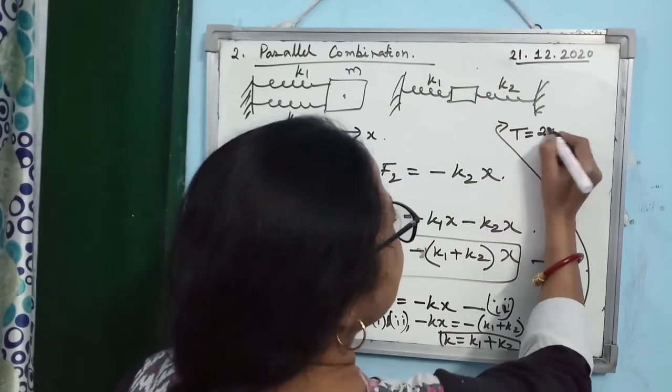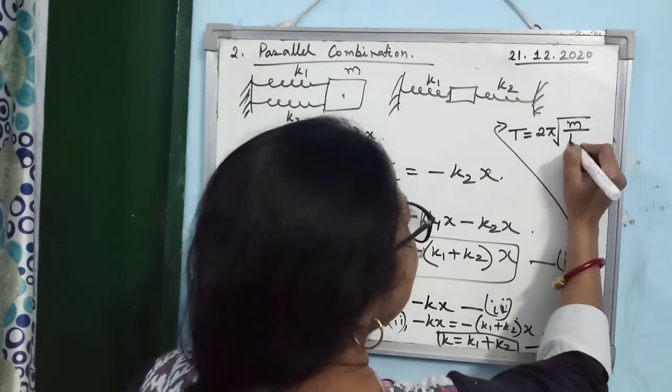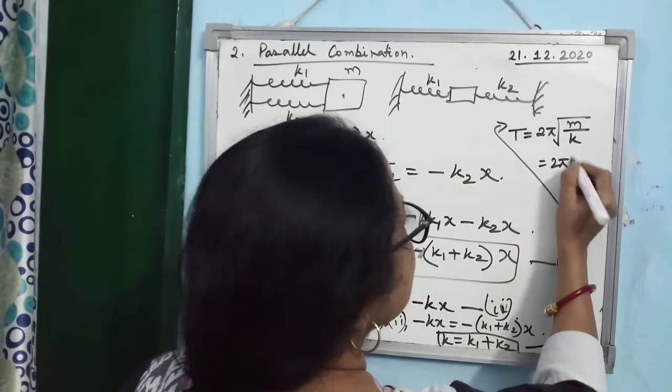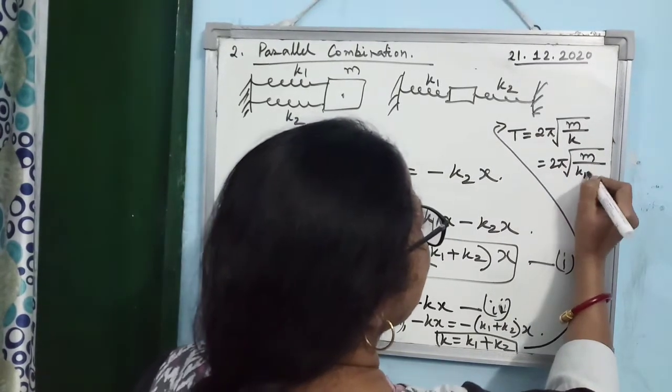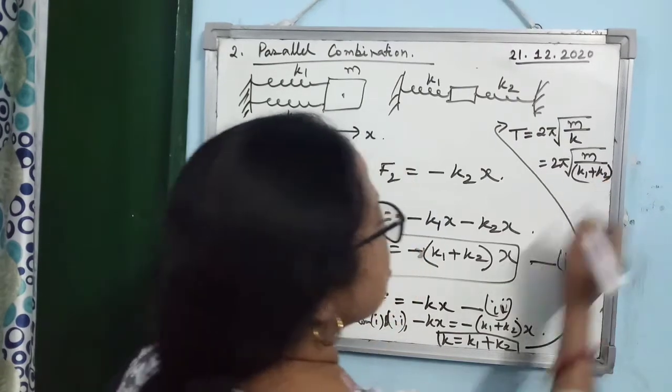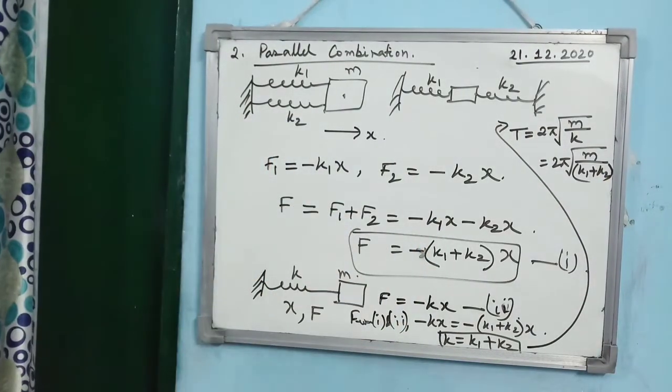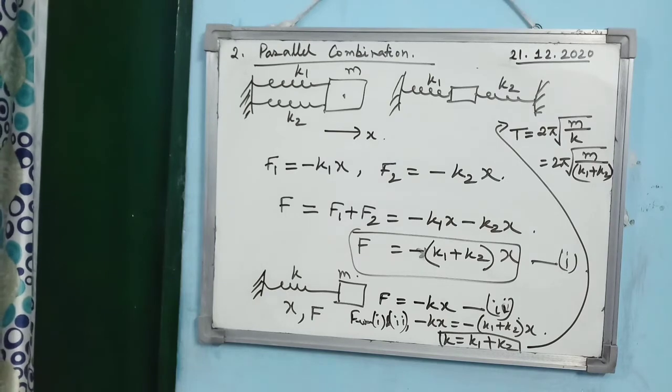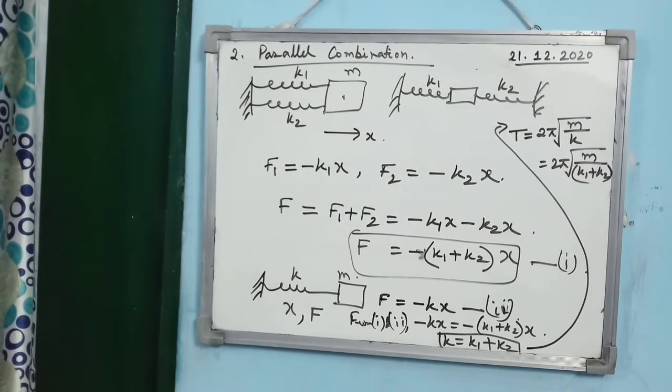Time period will be 2 pi root of m by k, which means time period is 2 pi root of m by (K1 plus K2). This derivation you must learn and remember. This is the derivation for parallel combination, and the expression for equivalent spring constant is K1 plus K2, same as that for series in electrical resistance.